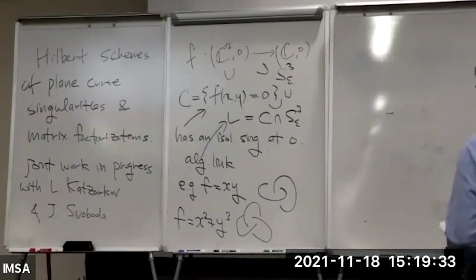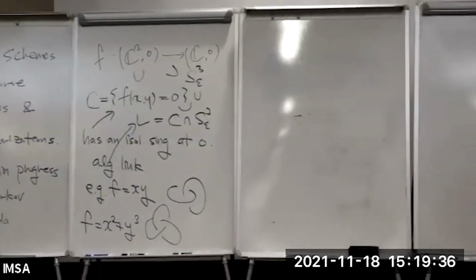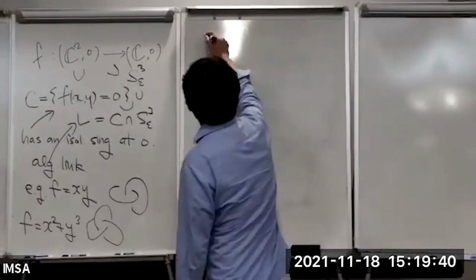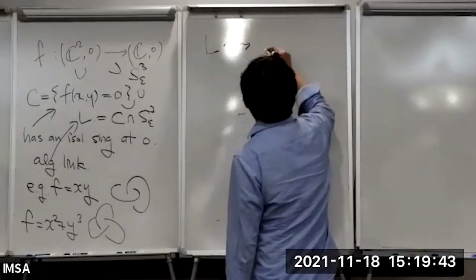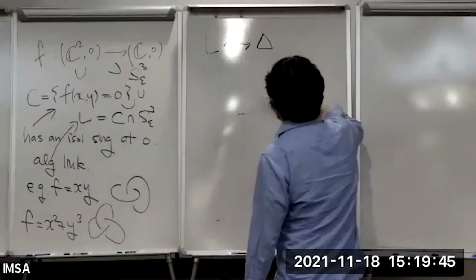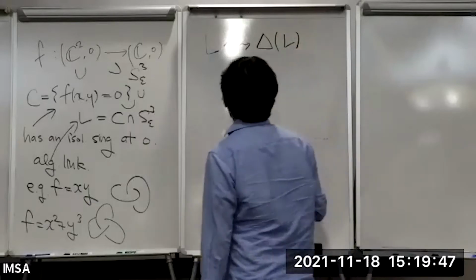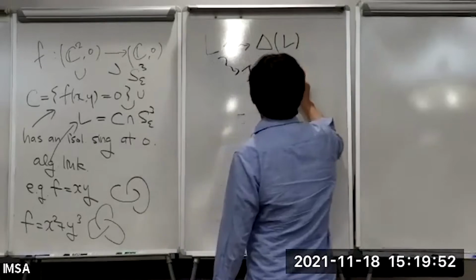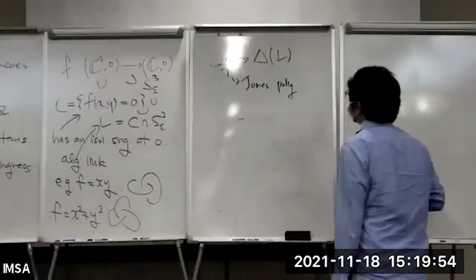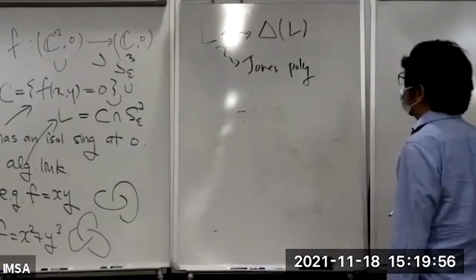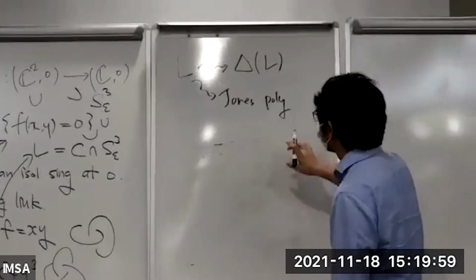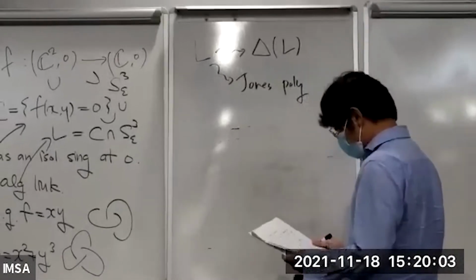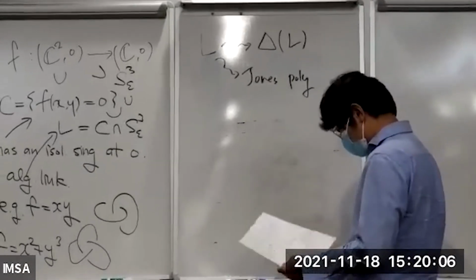Then there are several topological invariants I can assign to this algebraic link: the Alexander polynomial and also the Jones polynomial. And there is another topological invariant which generalizes both, the HOMFLY-PT polynomial.